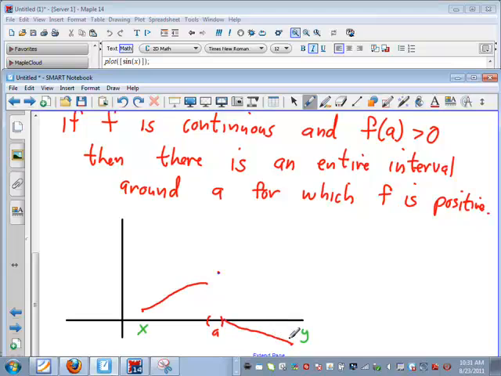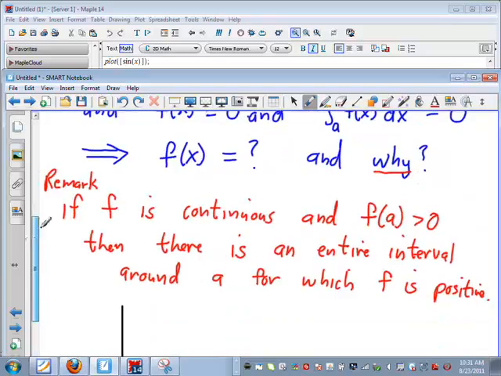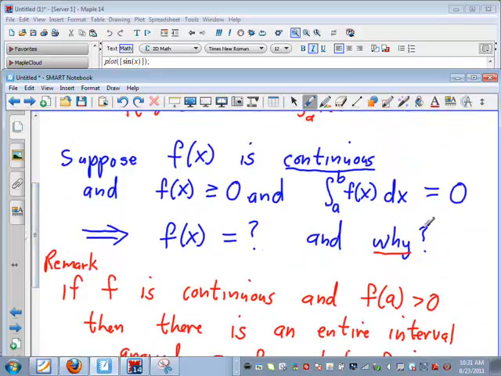And that violates the fact that I needed it to be continuous. So, if it's positive at one number, it's positive on a whole interval around that number. So that helps with why this has to be a certain thing.